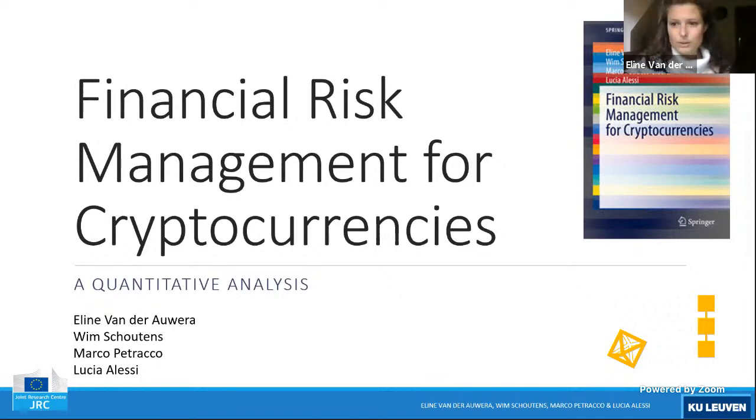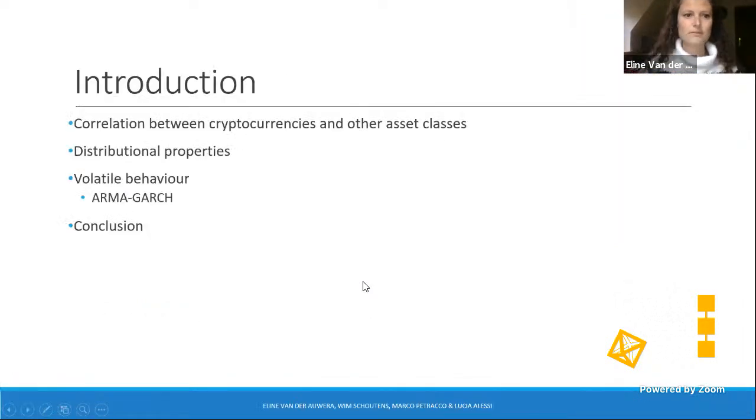And therefore, we will start by analyzing the correlation between cryptocurrencies and other assets. And mainly, we want to investigate if cryptocurrencies can be used as a differentiated risk reducer in portfolio analysis. And to do this, the correlation with other asset classes needs to remain below 20% in absolute value.